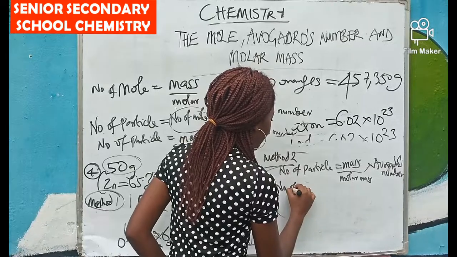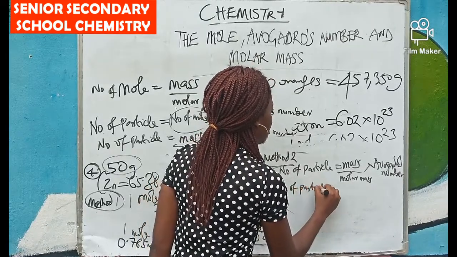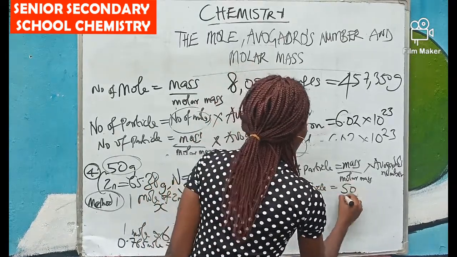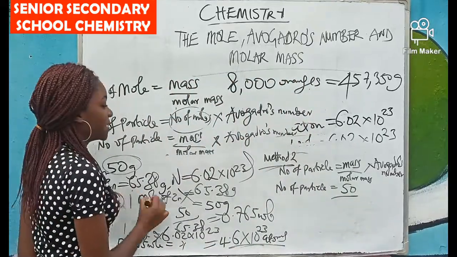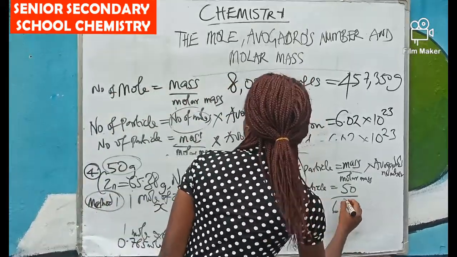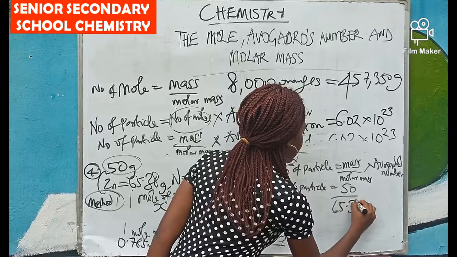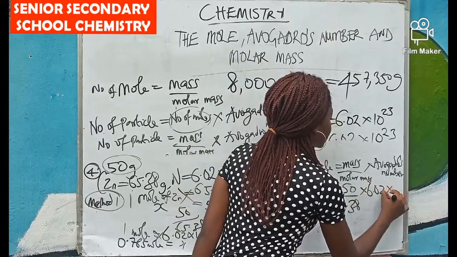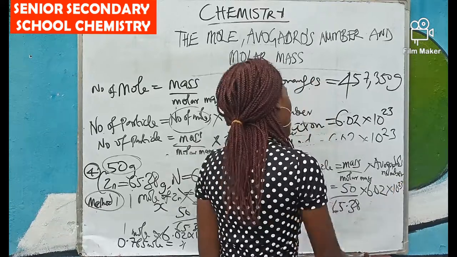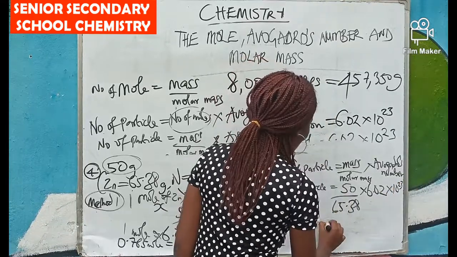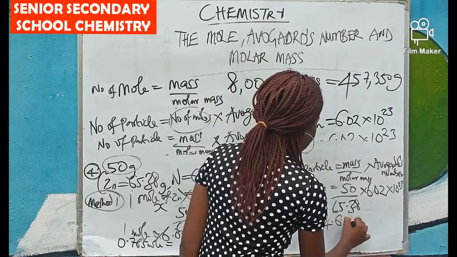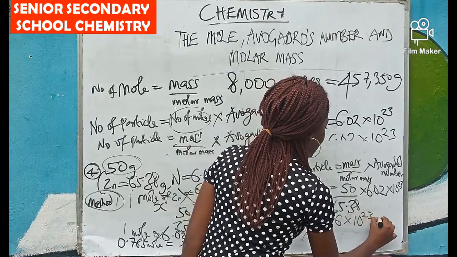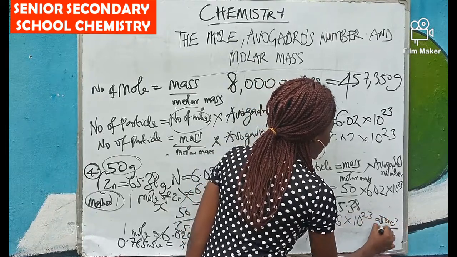So number of particles is equal to 50 over the molar mass of zinc, which is 65.38, and our Avogadro's number is 6.02 times 10 raised to the power 23. When we punch this in our calculator, we'll be having 4.6 times 10 raised to power 23 zinc atoms.